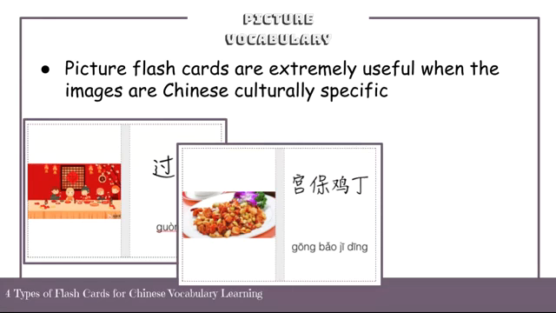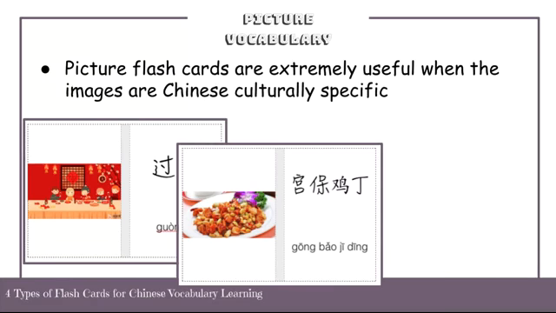This is one dish. It's called 宫保鸡丁. When you look at the picture, you will see a dish with chicken cubes together with a lot of chili pepper and peanuts. That's a famous spicy dish, which is called 宫保鸡丁.